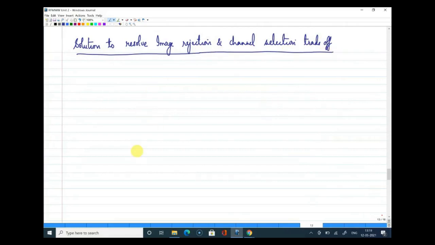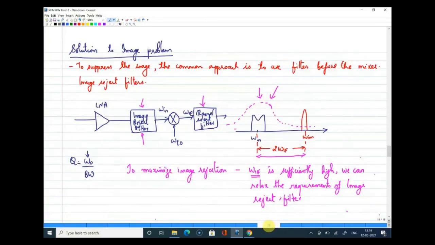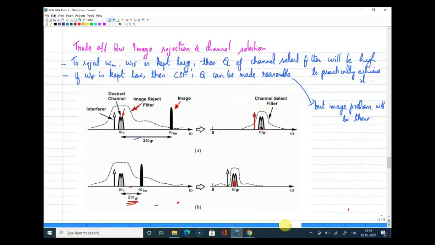So before that, let me ask you this question. Are you guys with me? Did you understand what image in a receiver is, how generally we overcome the problem of image, and how that will affect the rest of the system? Is this clear? Can I get some response in the chat box? Yeah, so I'm directly relying on the responses you're putting in the chat box, but I'm not very sure all 27 are listening to what I'm telling.